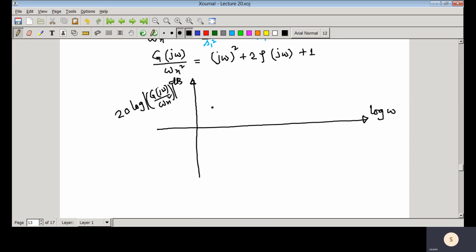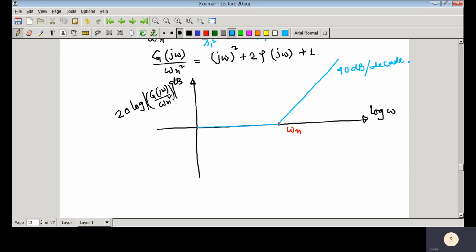If we plot that one, suppose omega n is the corner frequency, as we have seen. Then the asymptote below that corner frequency is approximately equal to 0, and above it the slope is 40 dB per decade.